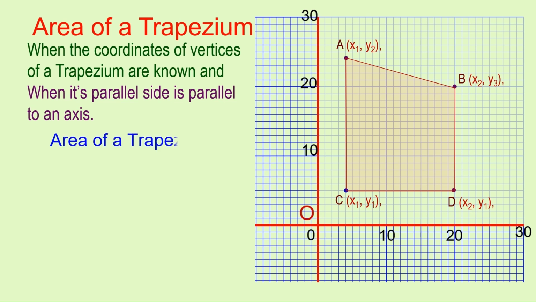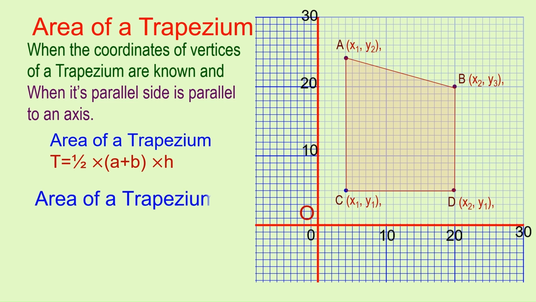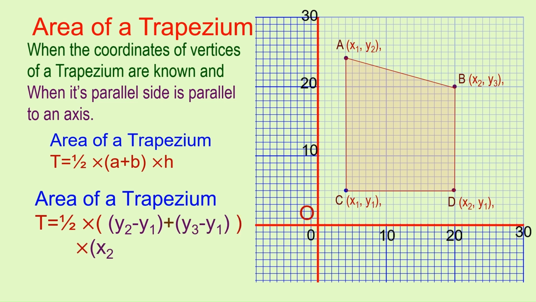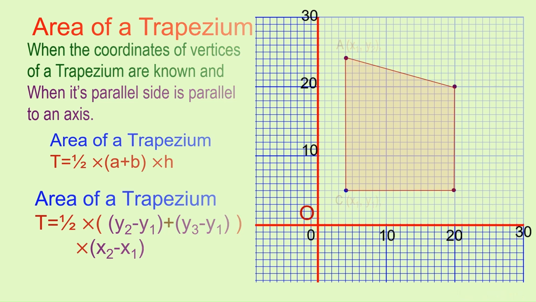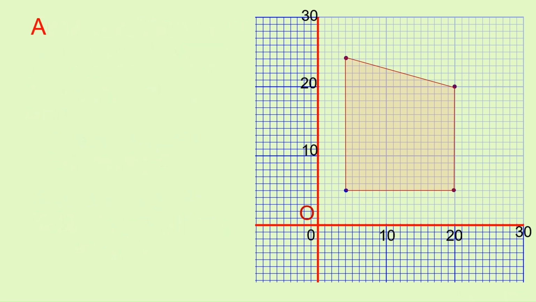Area of a trapezium, T equals 1/2 times a plus b times h, or T equals 1/2 times y2 minus y1 plus y3 minus y1 times x2 minus x1.